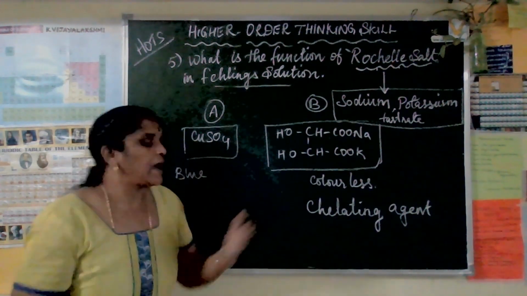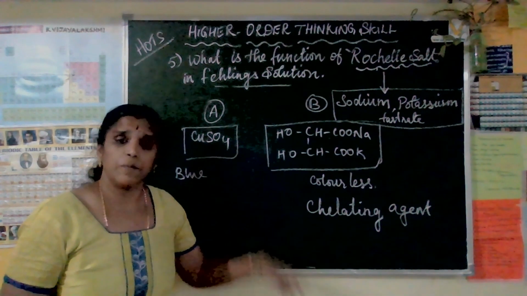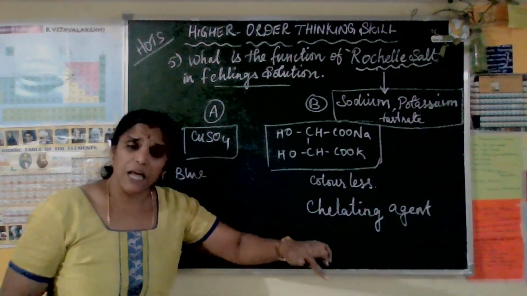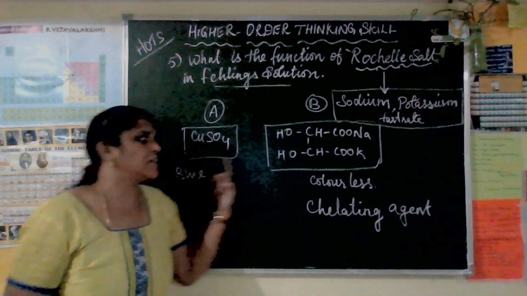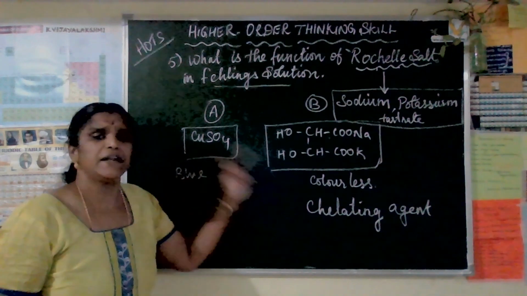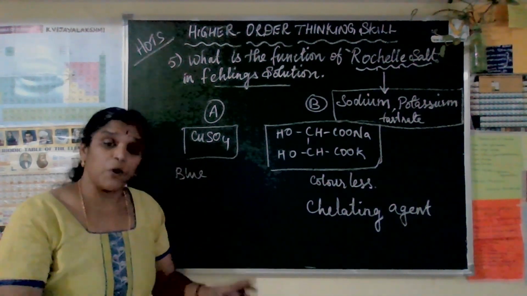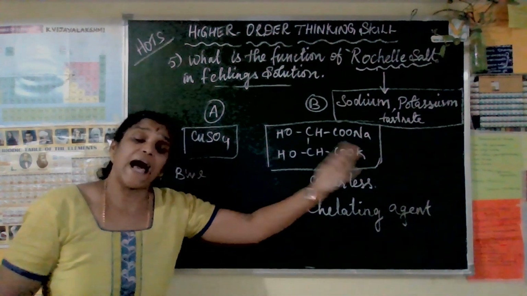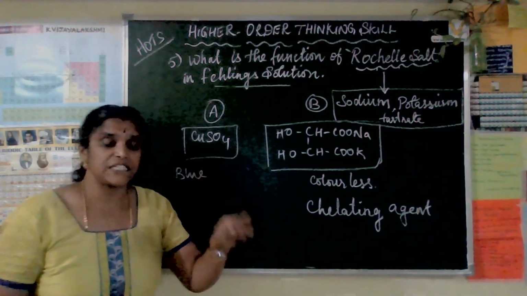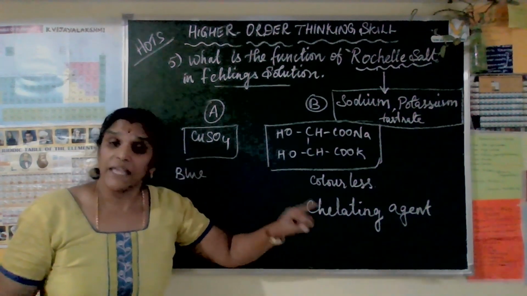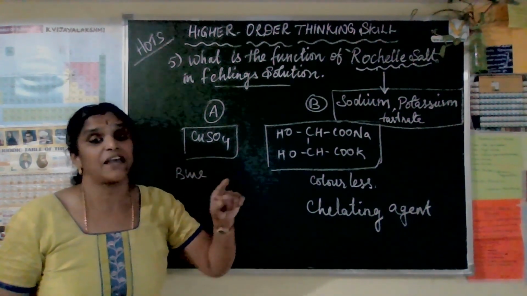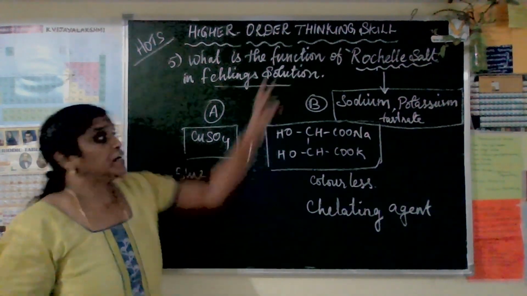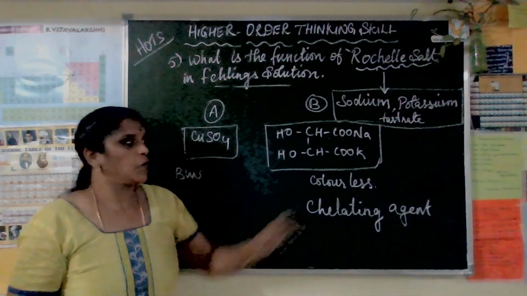When we add it, what happened? Removal of water, and you get that salt which is deep blue. The deep blue color is imparted by A to that B. Suppose we add an aldehyde, it is converted into acid, RCOOH as I mentioned. Now that Cu2+ ion gives a red precipitate. So please note down, this is the function of Rochelle salt.